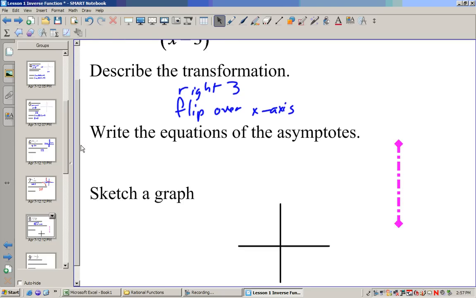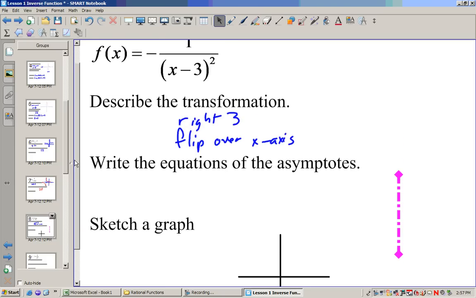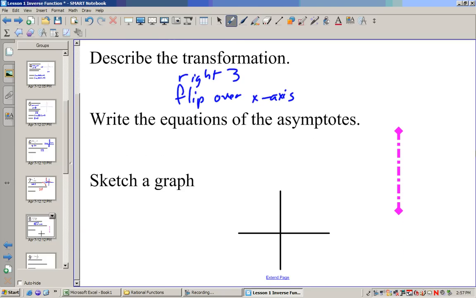It's a 1 over x squared because it has that squared up there. So we're going to move it to the right 3. And now instead of drawing the 1 over x up here, we're going to flip it over the x-axis. So it looks something like this. Those should be arrows. So now if we want to find the equations of the asymptotes, x equals 3, and then y equals 0.